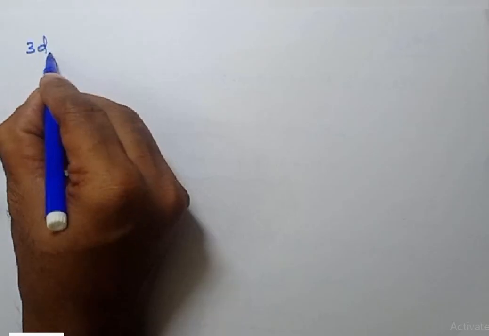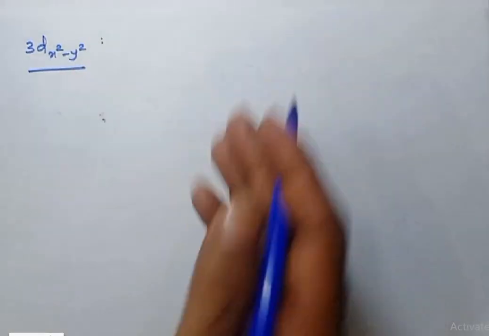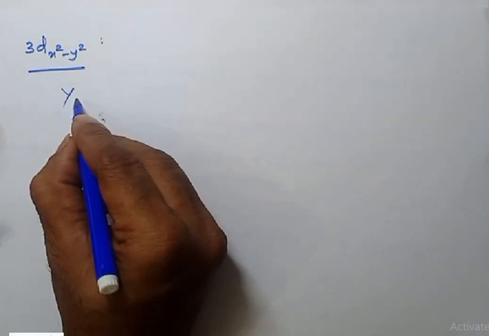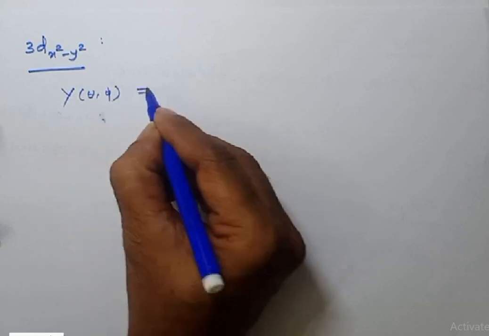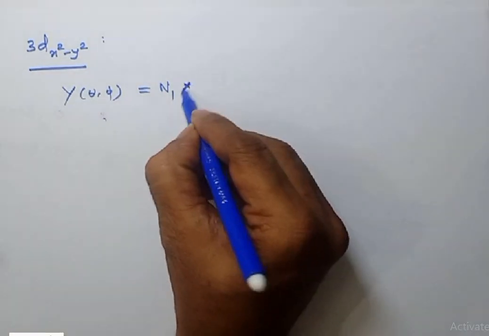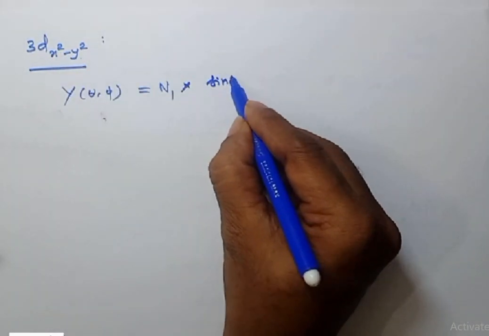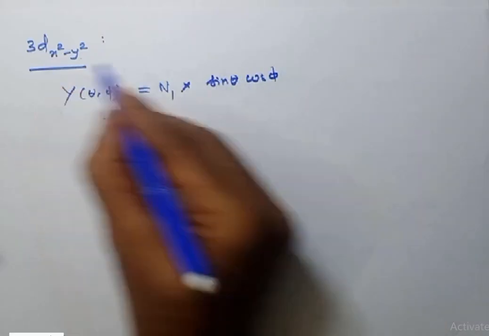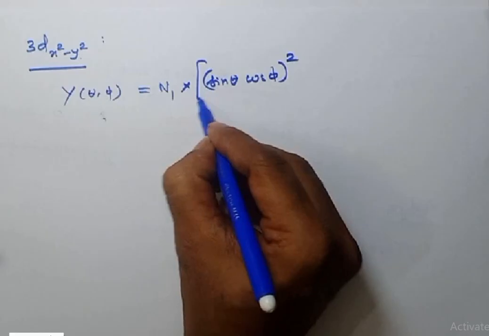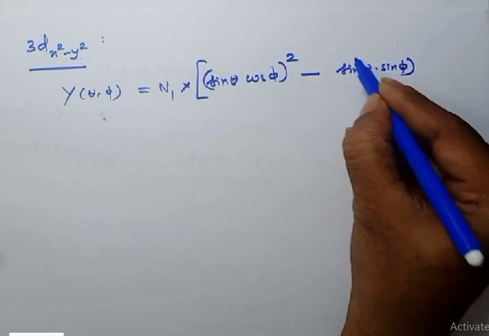Okay. I'll take say 3d x square minus y square orbital. How to get the angular part? How will the angular part look like? Angular part of this orbital depends on theta and phi, equal to some normalization constant n1. This is just a constant. n1 into, now I have x square minus y square. What is x? x is sine theta cos phi, take the square, minus, what is y? y is sine theta sine phi, take the square.